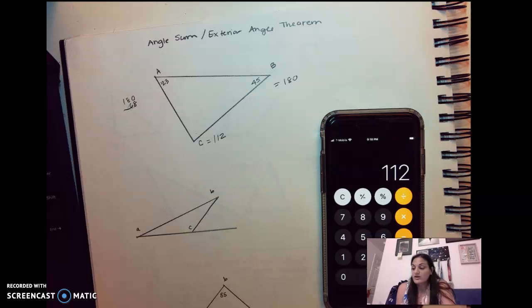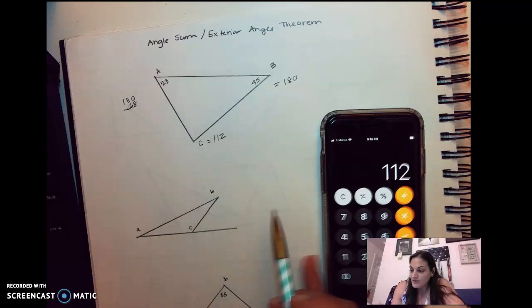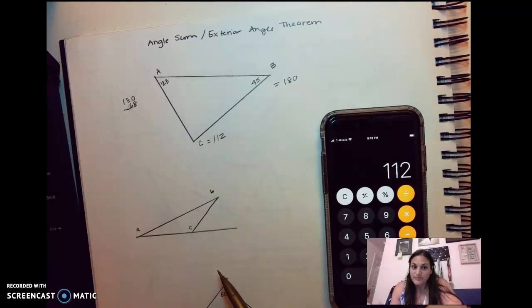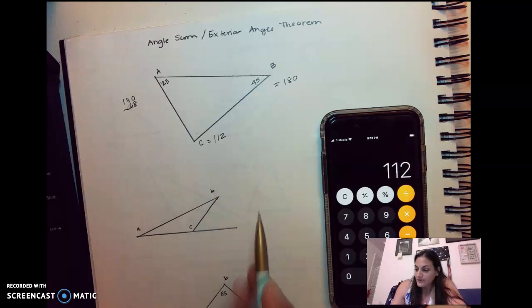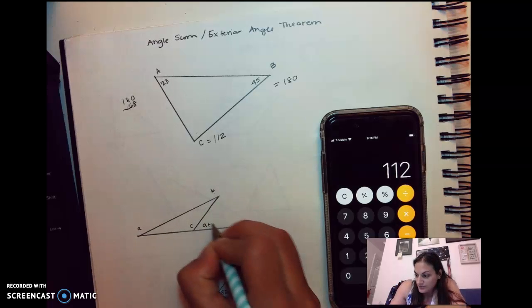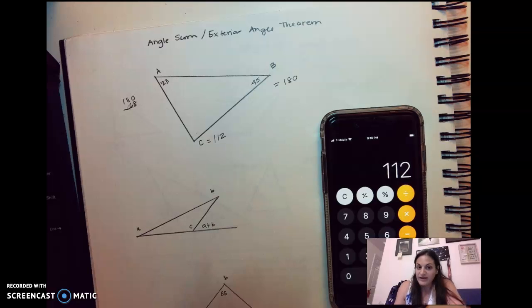Now we are going to look at the exterior angle theorem. The exterior angle theorem states that the measure of this angle and this angle add to equal this exterior angle outside here. We call this part here an exterior angle because it is outside that triangle.